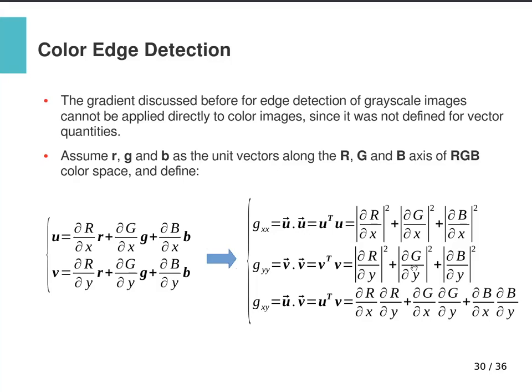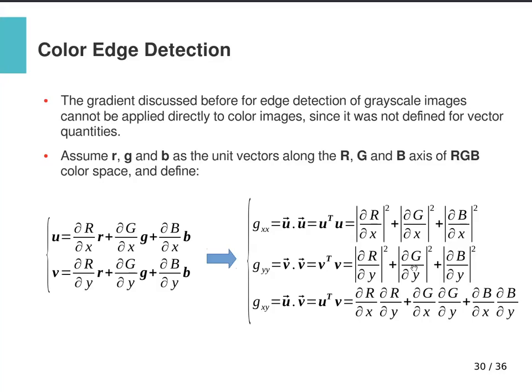What about image gradient and edge detection? That was an important topic that we have seen several times in the discussions that we had. The gradient discussed before for edge detection of grayscale images cannot be applied directly to color images. Why is that? Because it was not defined for vector quantities.